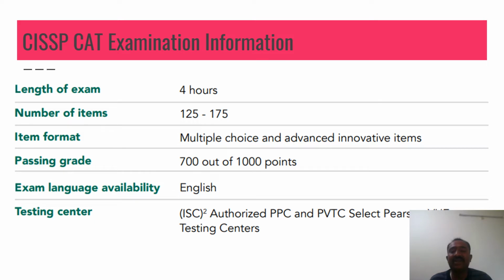You have to select one out of 4 choices, plus advanced innovative items. For the passing grade, at least 700 marks need to be scored out of 1000 points to pass this examination. The exam language availability is English, and there are various testing centers across the globe to take these examinations.